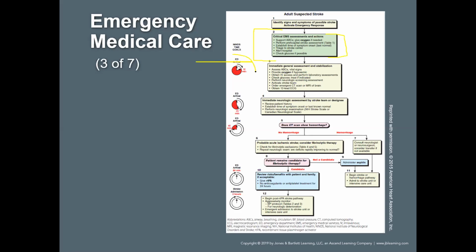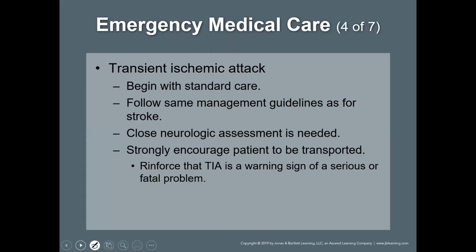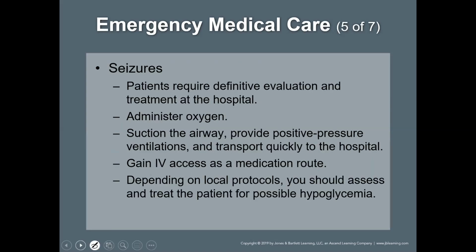ED arrival time, the doctor needs to assess them quickly, get them to the CT, and figure out what they need to do next. Medical care for TIAs, you're not going to know if it's a TIA versus a stroke usually if it's still happening. So treat them, encourage them to go if it goes away.